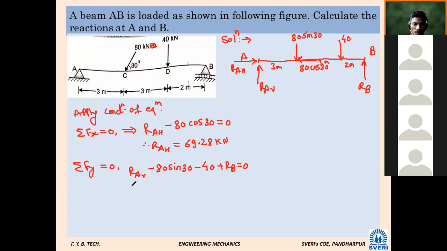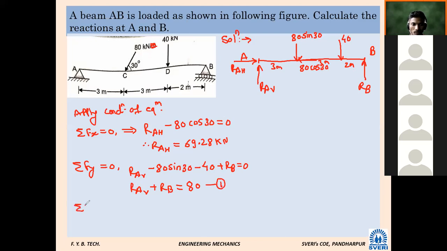So now tell me, what is the value of RAV plus RB? 40 plus 40, 80. It is not necessary to take the calculator in hand also. So it is 80, we will say equation number 1.